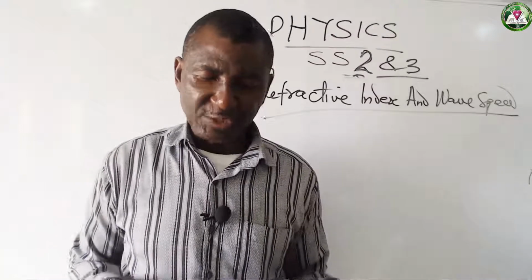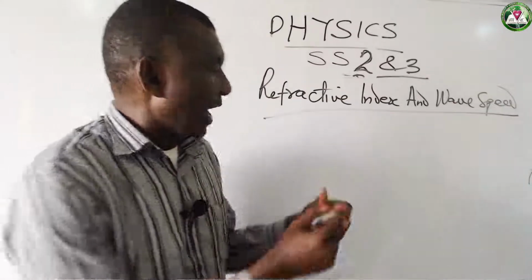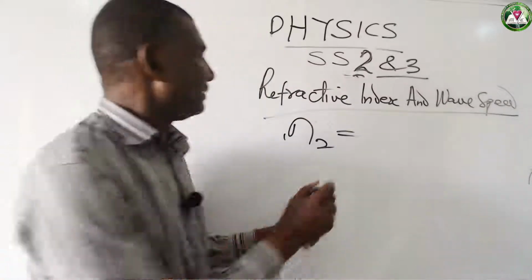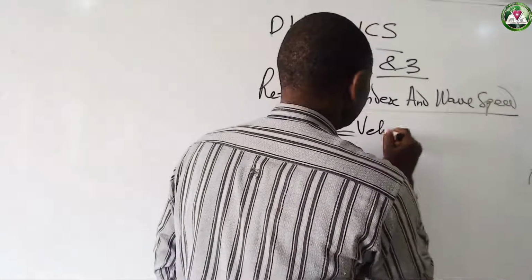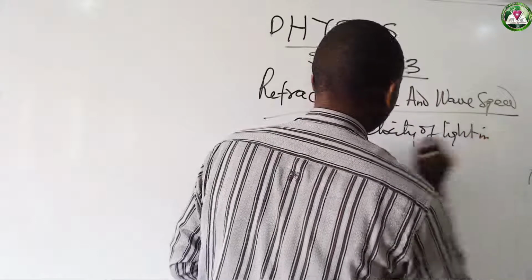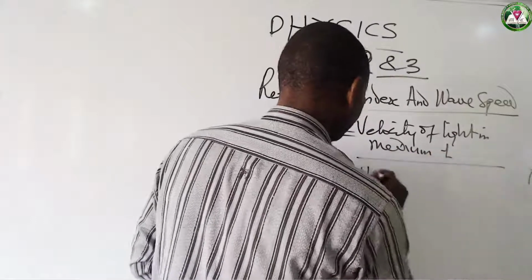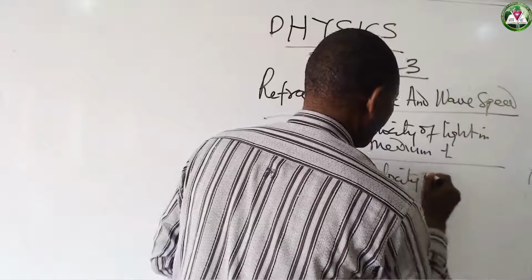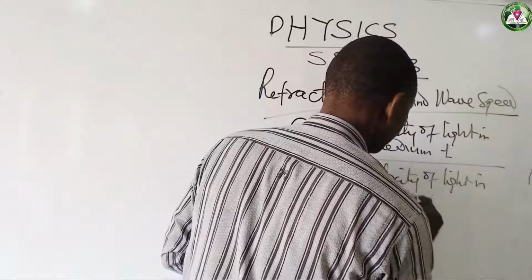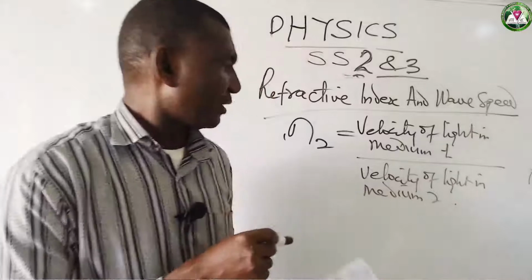So when we say the refractive index of 1 relative to 2, it will be the velocity of light in medium 1 all over the velocity of light in medium 2.